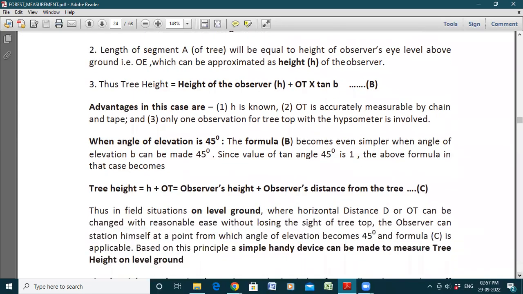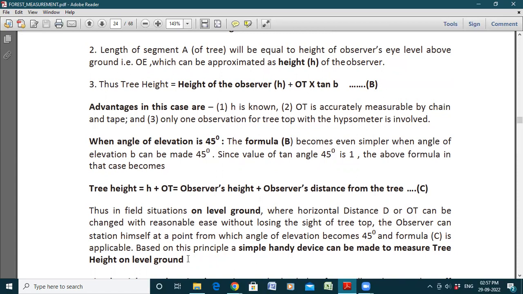Now, in a field situation on level ground, when the horizontal distance D or OT can be changed with reasonable ease without losing sight of the treetop, the observer can station himself at a point from which the angle of elevation becomes 45 degrees, and then formula C is applicable. We can move to a distance from where the angle of elevation becomes 45 degrees.